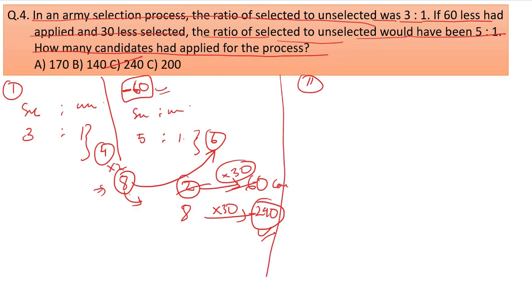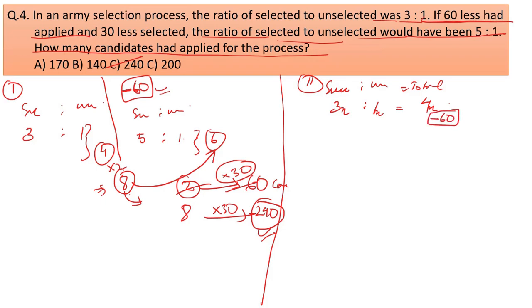In the next slide, I'll be doing the same with successful and unsuccessful candidates, 3:1. The total will be 4. Let me put x here: 3x and 1x, the total is 4x. The question says 60 less had applied for the job, so 60 should be subtracted.